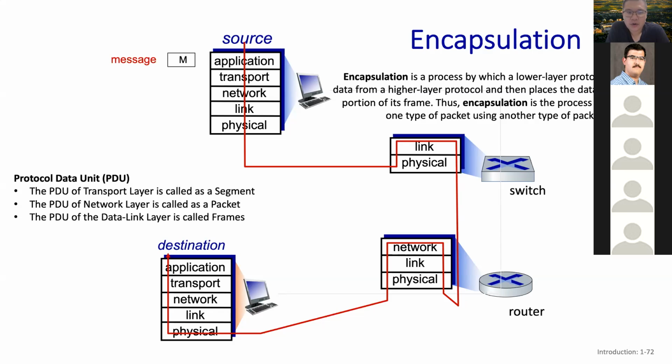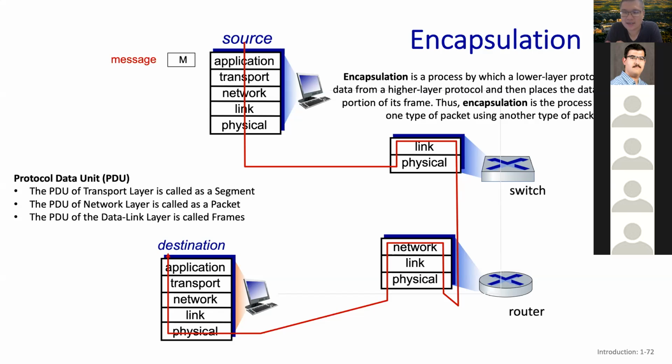Here is a quick definition of encapsulation. It is a process by which lower layer protocols receive data from a higher layer protocol and then place the data into the data portion of their frame. You have the message, you have the data, and you add something, encapsulating your added information, and then send it to another layer. Every time you need to add some information, otherwise the next layer doesn't know how to treat this data.